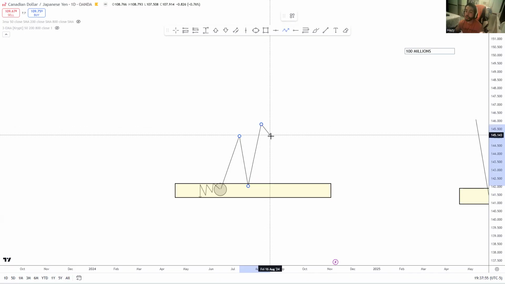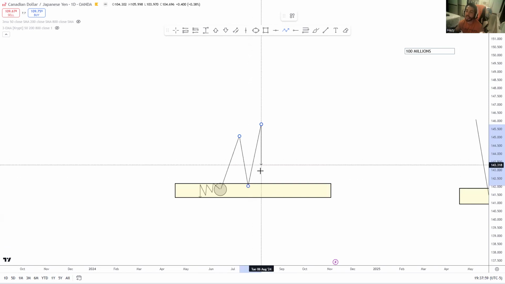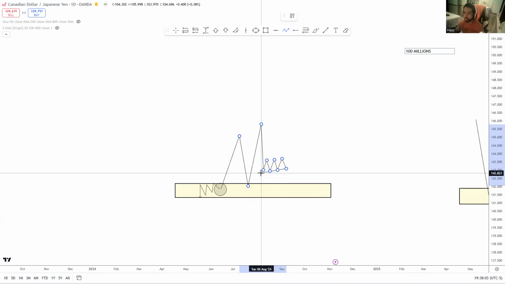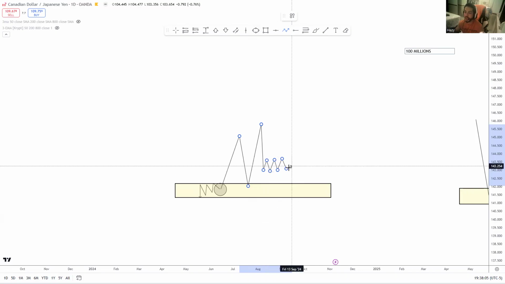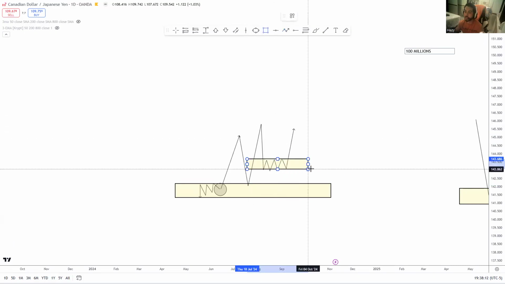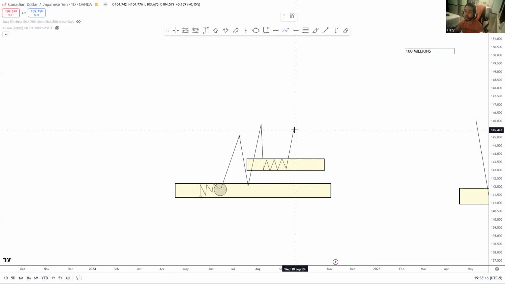So they put 25 more million dollars here, and then they're going to wait for it to form a demand zone. And once we see that there's an explosive move to the upside, we can see that there's demand here.